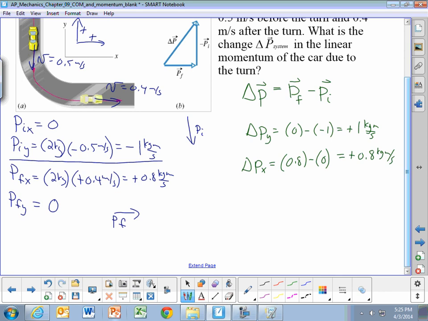And so the total change in momentum is going to be the square root of 0.8 squared plus 1 squared, which is 1.28 kilogram meters per second. And that angle would be the inverse tangent of 1 over 0.8, which is 51.3 degrees.